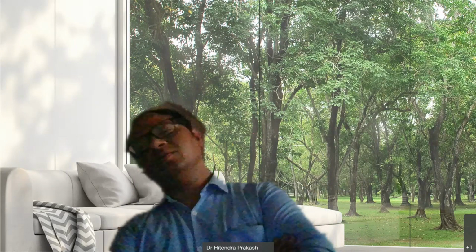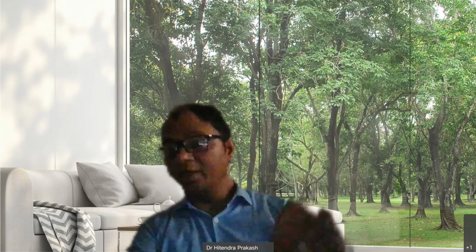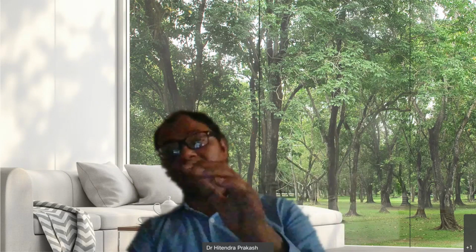Vijay Rawatji asks, why are retraction pockets more common in the posterior superior quadrant? This is a very easy question and a very easy answer. The mastoid is located in the posterior aspect of the middle ear. The aditus is located in the posterior superior part of the attic, from where it is connected.